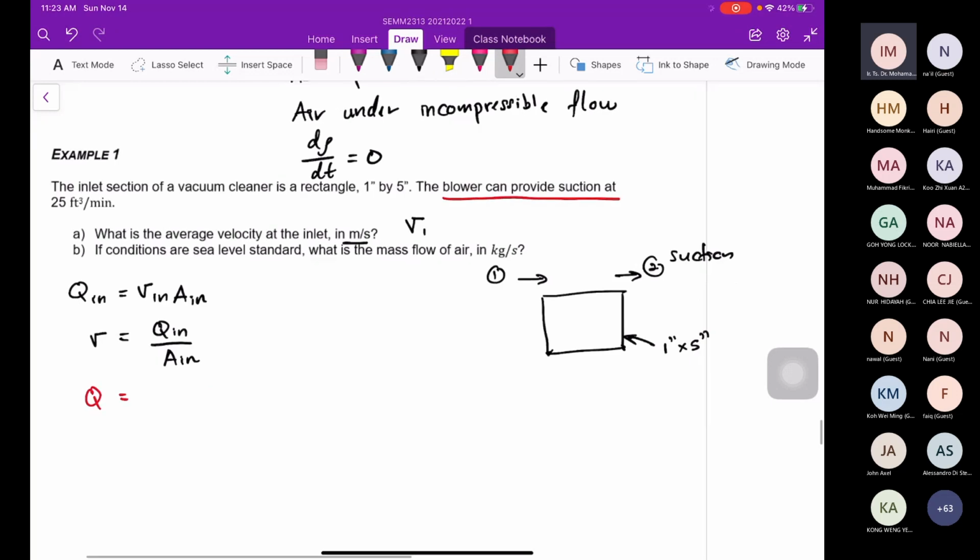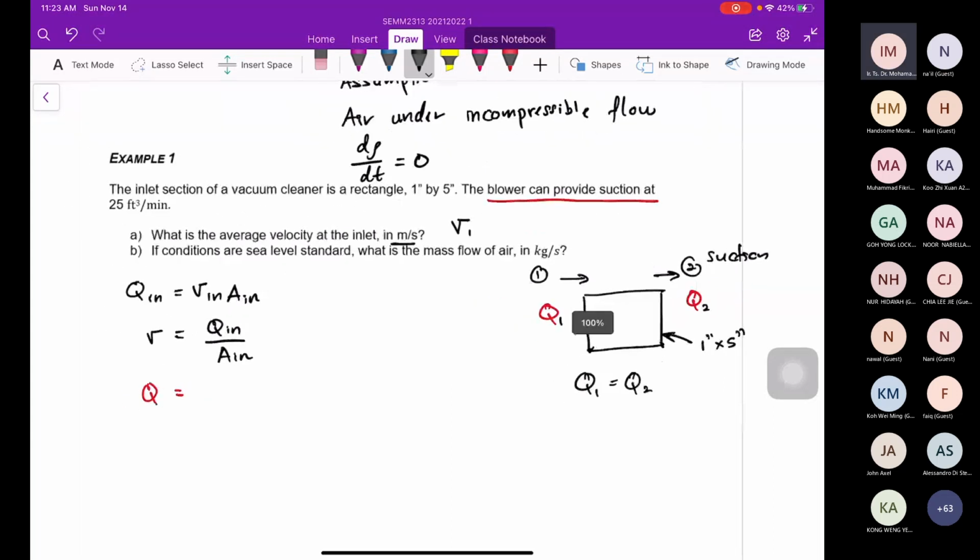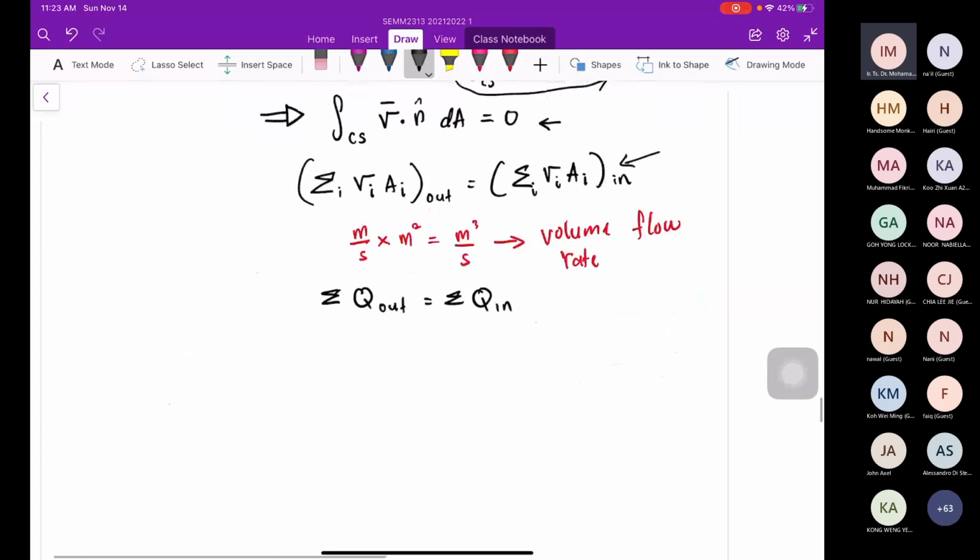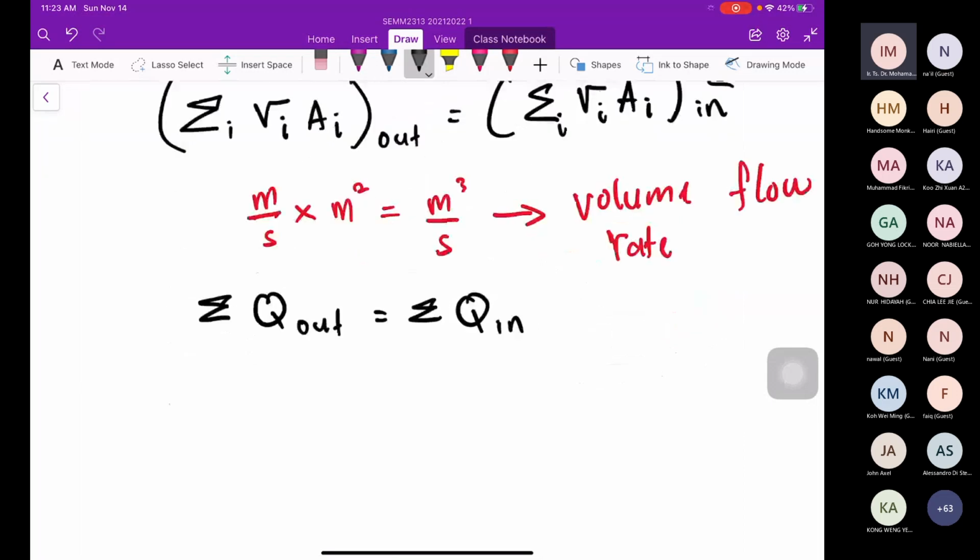Q1 equals Q2, there is no change, because Q in equals Q out.